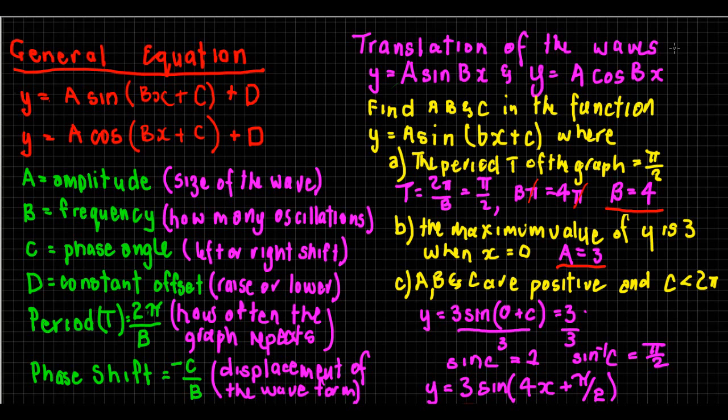And these in general terms, as I've written up here, relate to translation of the waveform y equals a sine bx and y equals a cos bx. I say translations because that moves the graphs up and down or left to right.